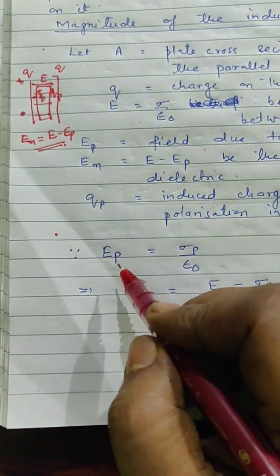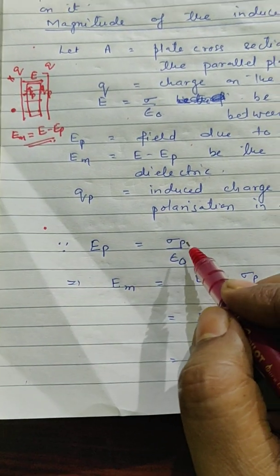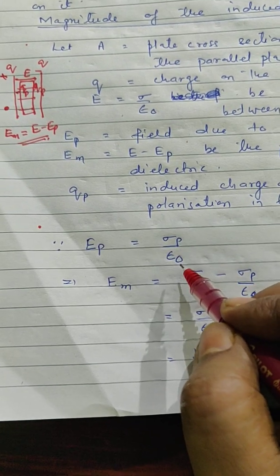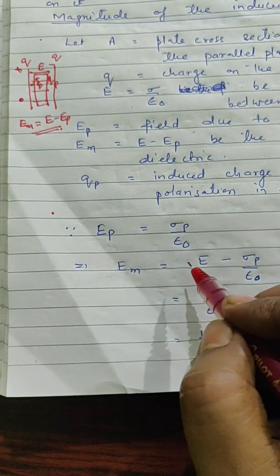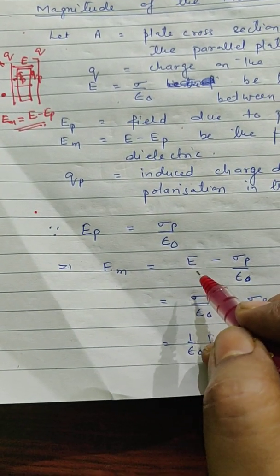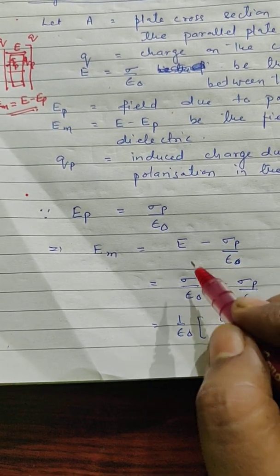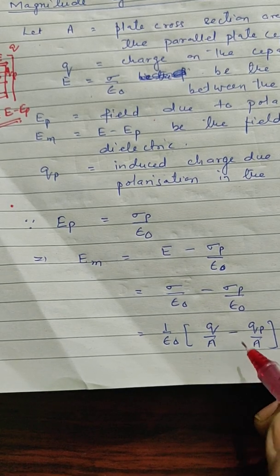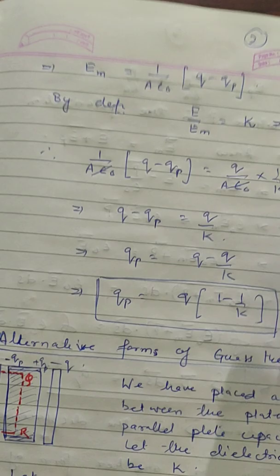So we can express the electric field due to polarization, that is within the dielectric, as the surface charge density of the induced charges by epsilon naught. And the field within the dielectric will be the difference of E and EP. So it is expressed as E minus sigma p by epsilon naught. I have substituted for E, and I have solved it.